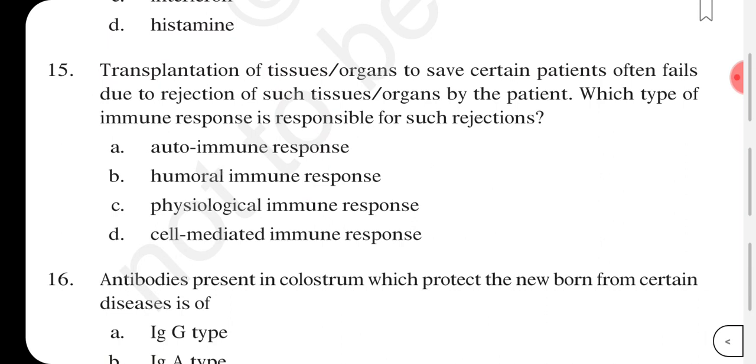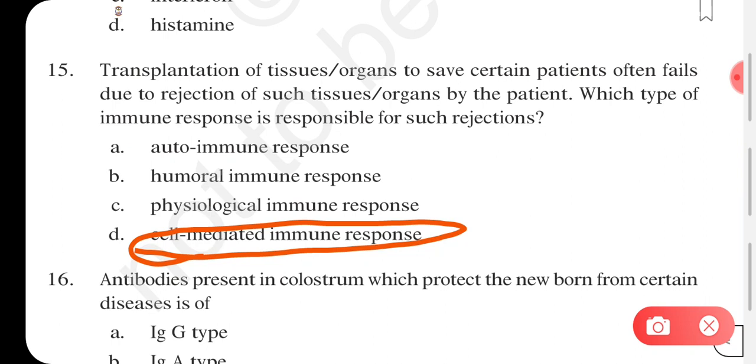Transplantation of tissues or organs to save certain patients often fails due to rejection of such tissues or organs by the patient. Which type of immune response is responsible for such rejections? Is it autoimmune or humoral immune response, physiological or cell mediated immune response? Yes, so here it is a cell mediated immune response.